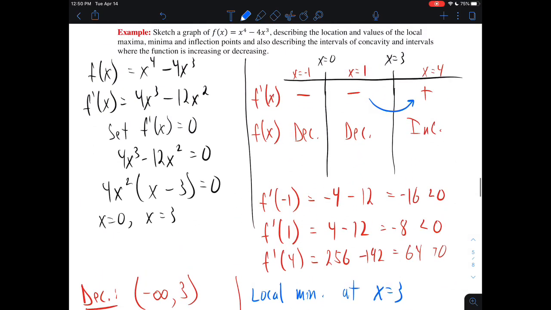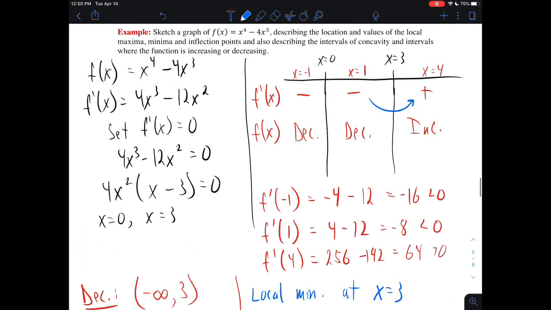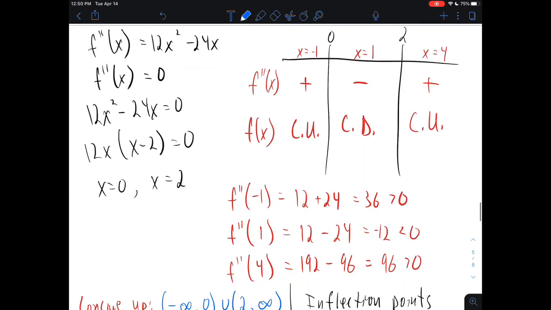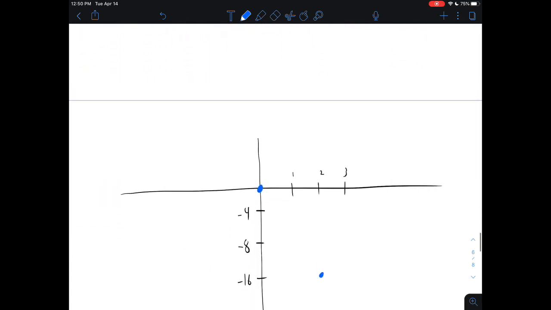So notice from negative infinity to 0, we have decreasing, and also from negative infinity to 0, we have concave up. So what that tells us is that if you follow from left to right, it's going down, but it's staying concave up that whole time.